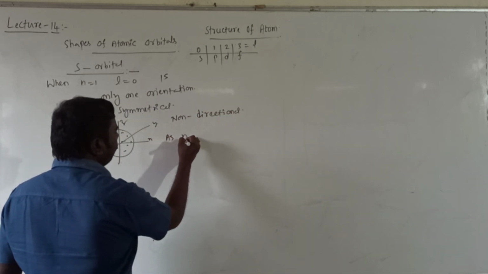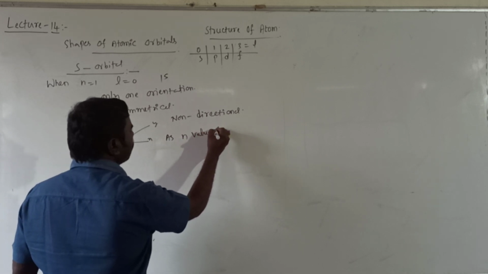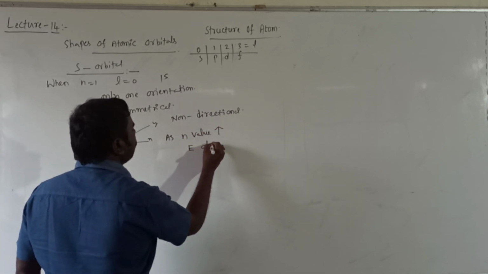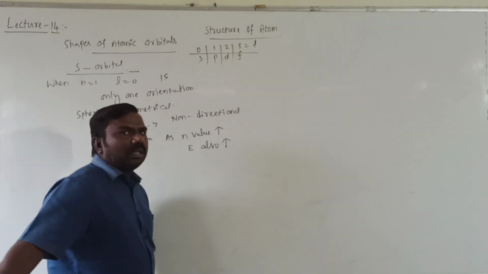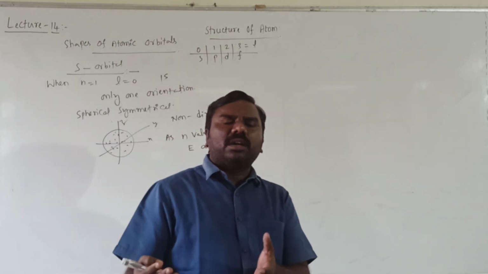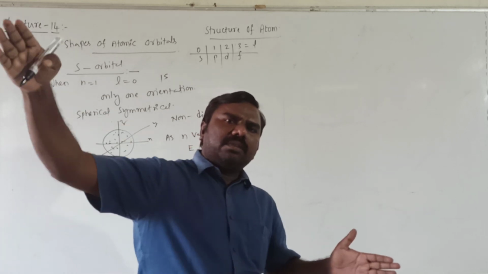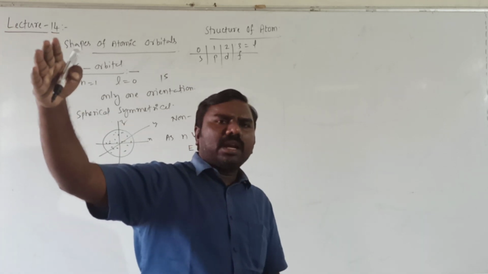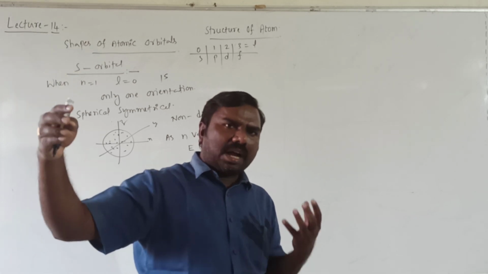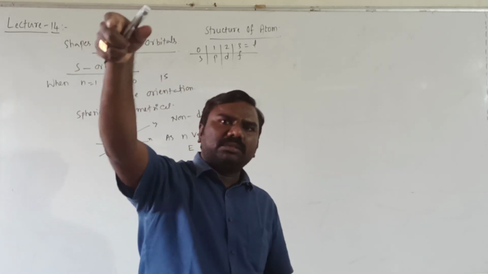As n value increases, energy also increases. Already energy formula we calculated. So n value gradually increases, lower value, higher value, high negative, and last one is 0.